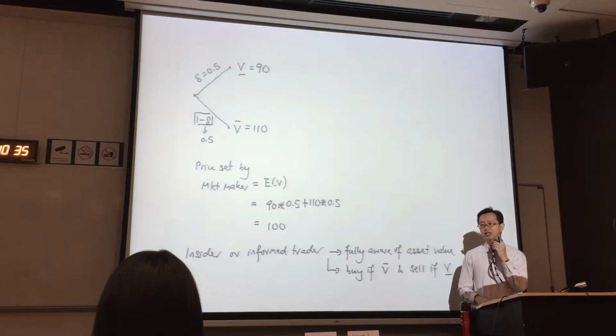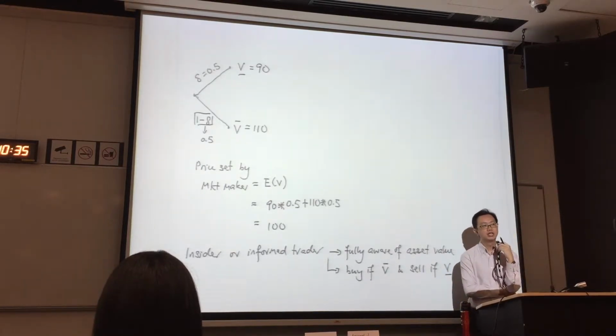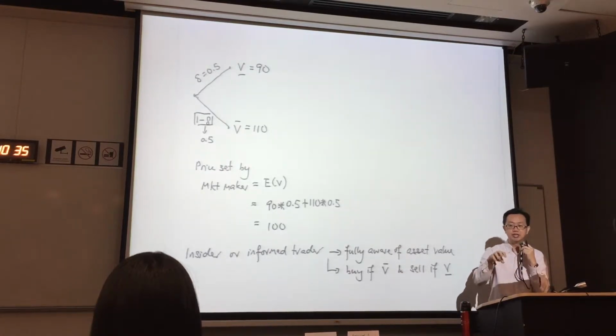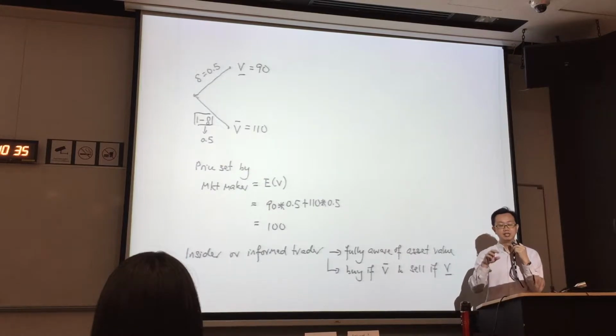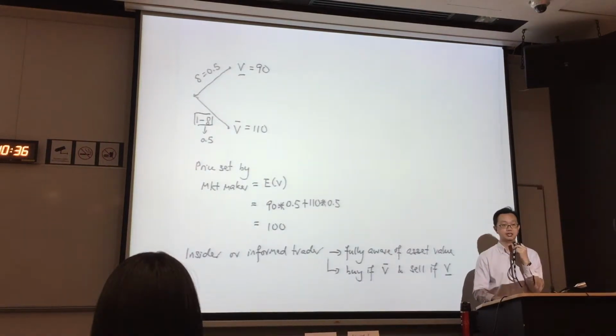So what happens if, let's say, the market maker observes the customer is buying? If the customer is buying, this will suggest that the customer could be a potential insider. Agree? He may not know whether this customer is an insider or not, but assuming that the customer who buys from the market maker is an insider.